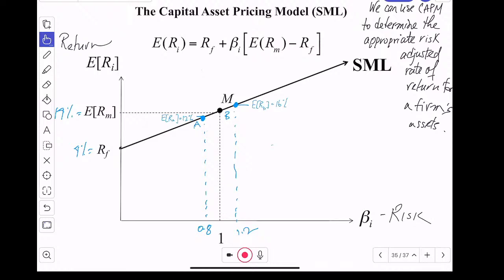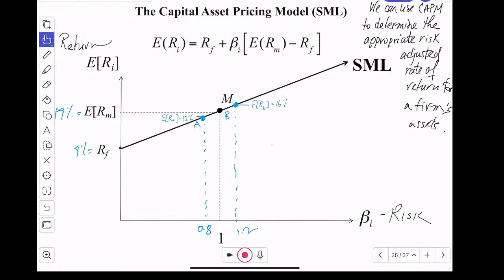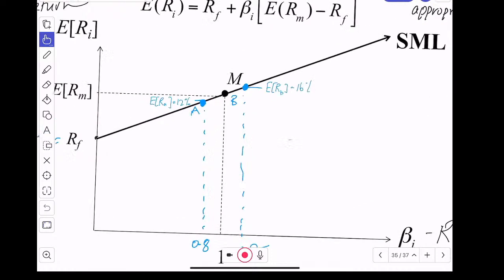How many of you have done this before? Okay. Does it make sense, Daviana? It's not so hard. You can visualize this.